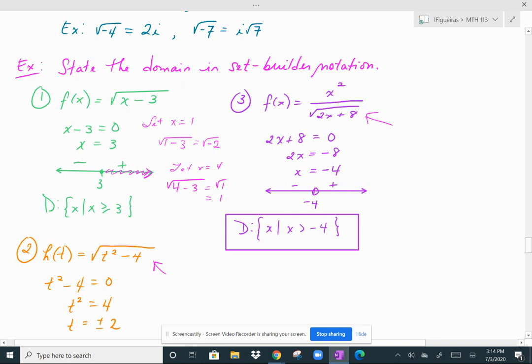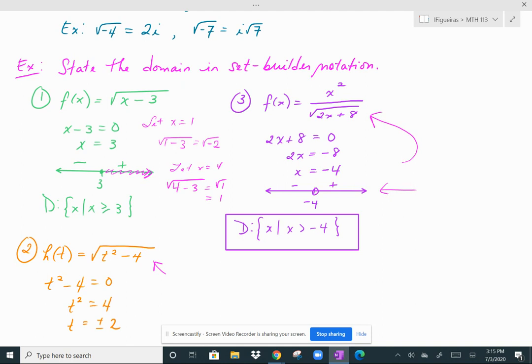So this time when I put my number line to keep myself organized, I'm going to put an open circle at negative 4, because I do not want to include it. Then you pick your test values. Pick a number less than negative 4, like negative 5, and plug it in. I get a negative inside of the radical. We know that's imaginary, so that also has to be excluded from the domain.